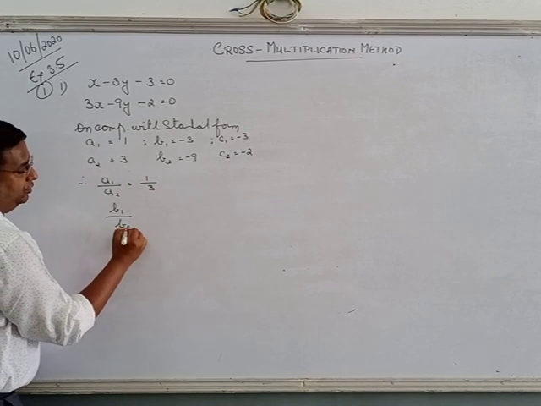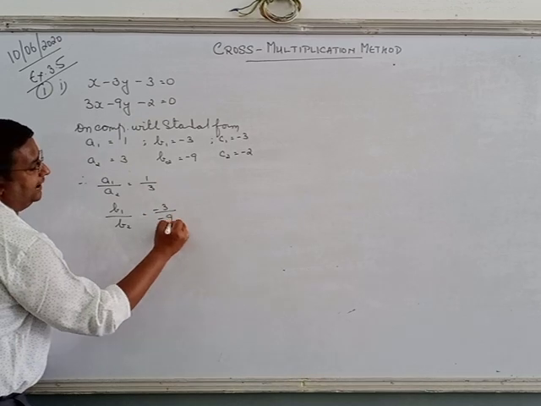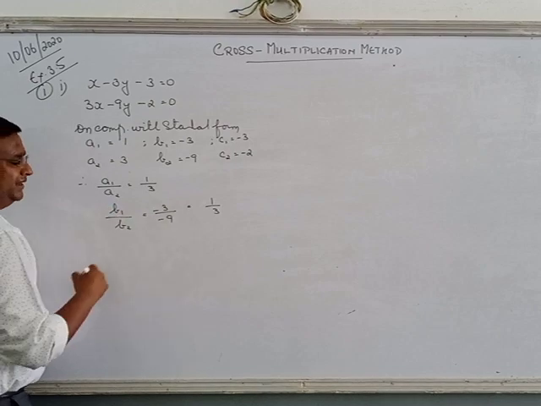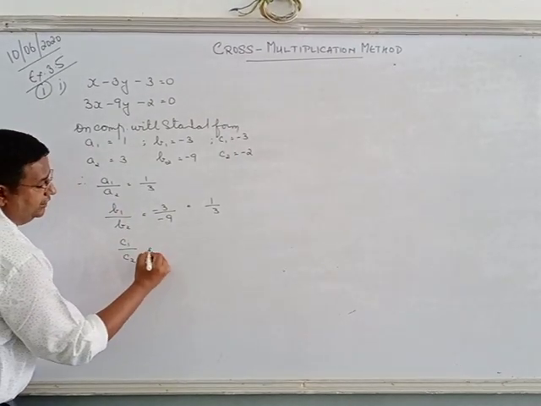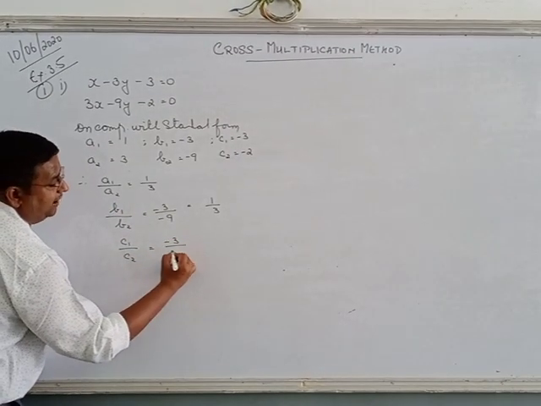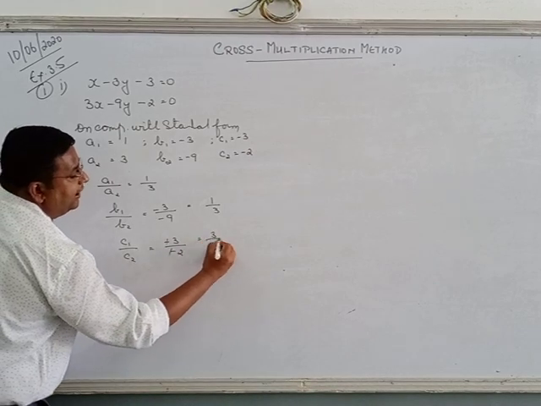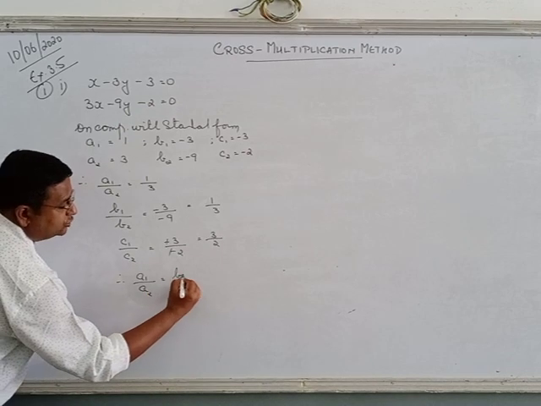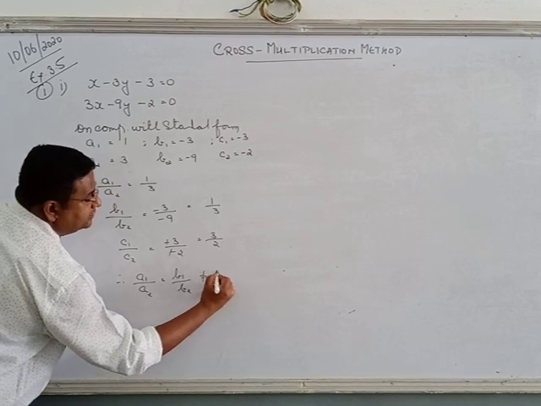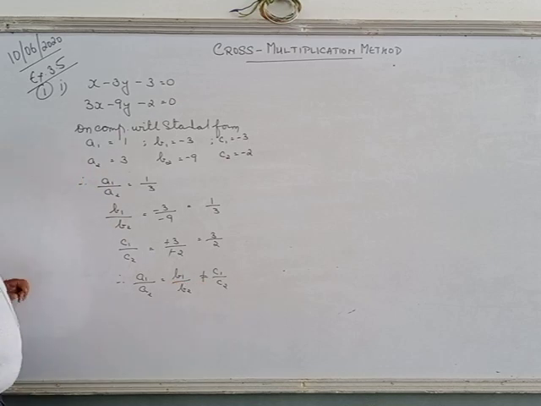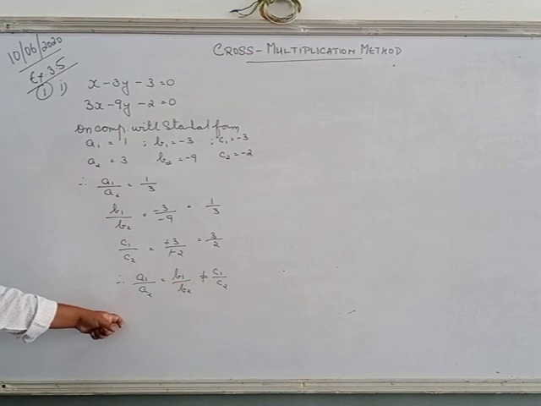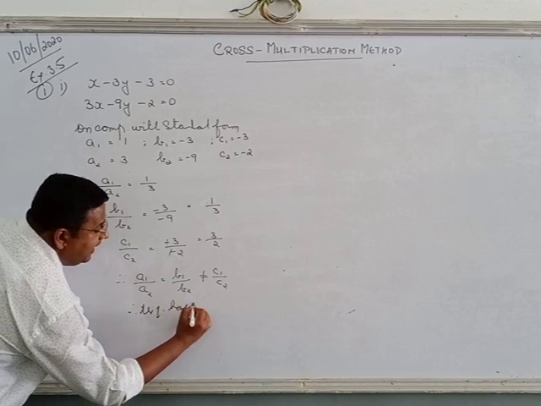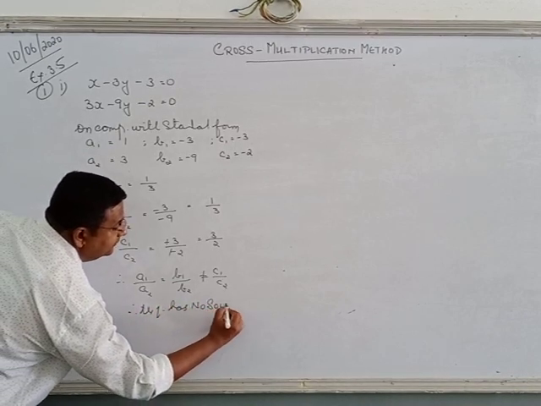B1 upon B2 is minus 3 upon minus 9, which is again 1 by 3. And C1 upon C2 is minus 3 by minus 2, that is 3 by 2. So A1 upon A2 equals B1 upon B2, but it is not equal to C1 upon C2. So the condition represented is no solution. Therefore, the equation has no solution.